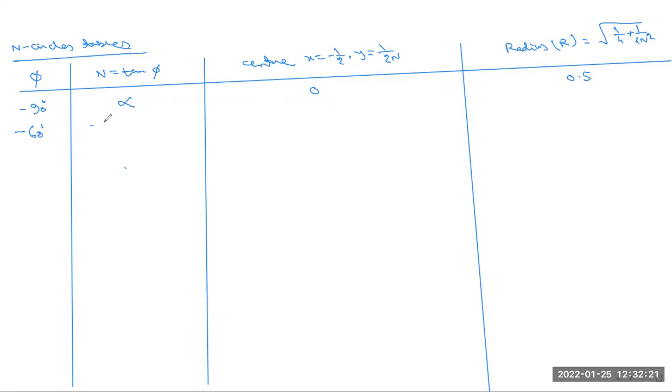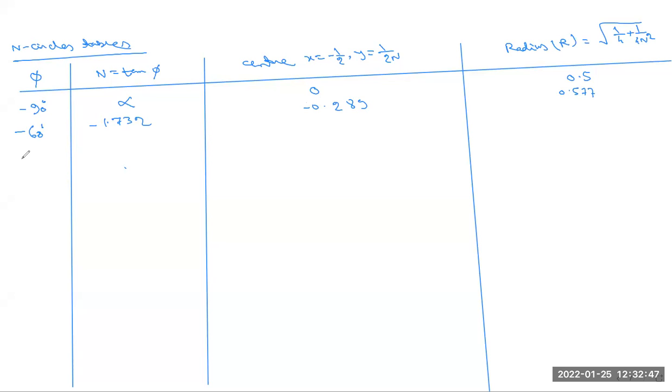You have to calculate it from your calculator. The value is coming minus 1.732. The center is coming 0, minus 0.289, and the radius is coming 0.577.